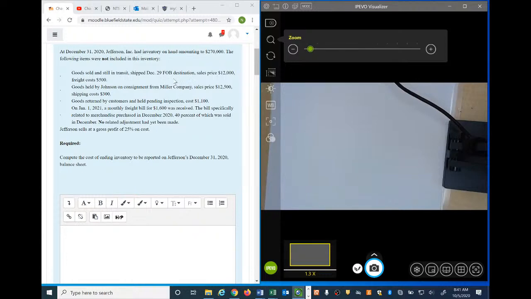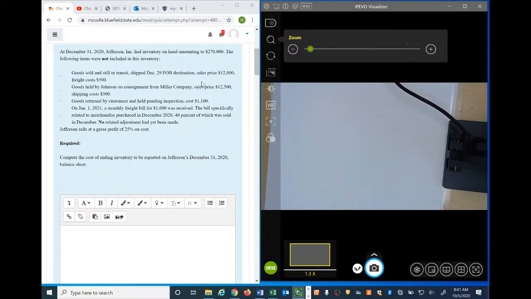So whose inventory is it? It's ours, right? Because we're the seller and it's FOB destination. We own it until it gets to the destination. It's still in transit at year end. So if we sold it and it's still in transit, shipped FOB destination, then we need to include that in our inventory. It's saying here it's not included, so we need to include this in our ending inventory.